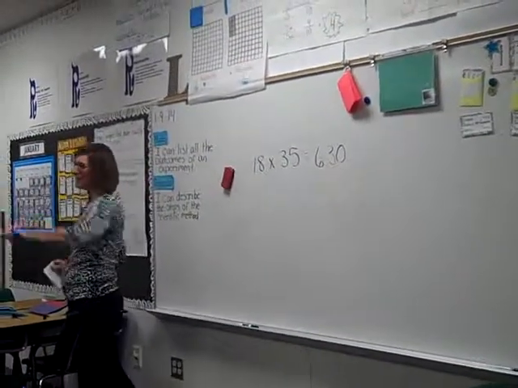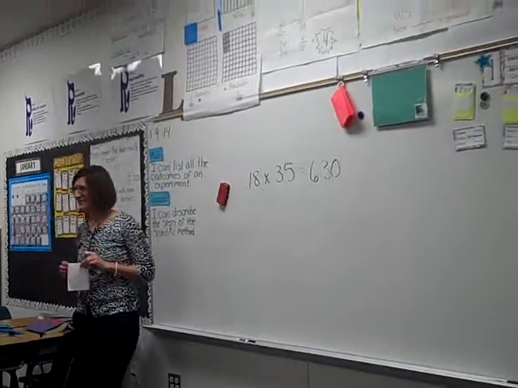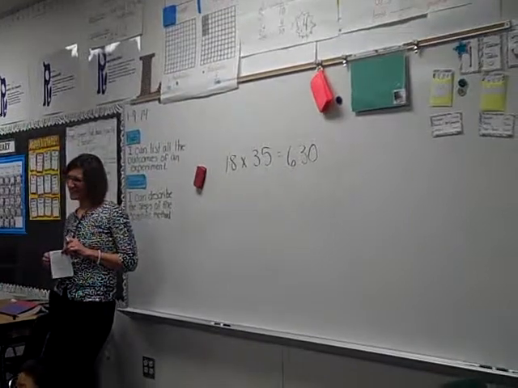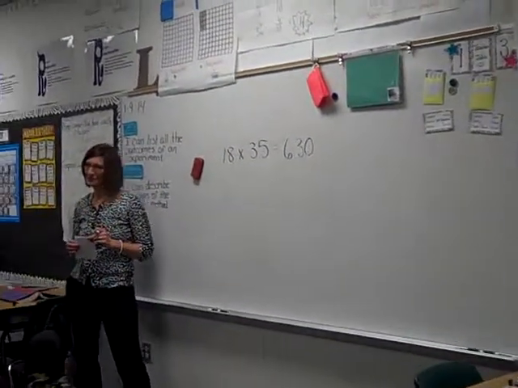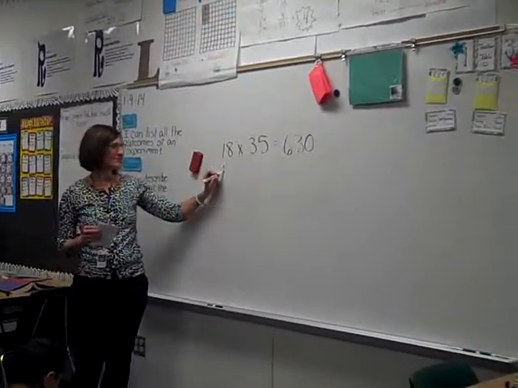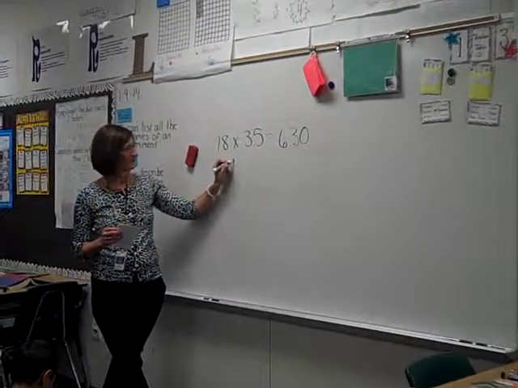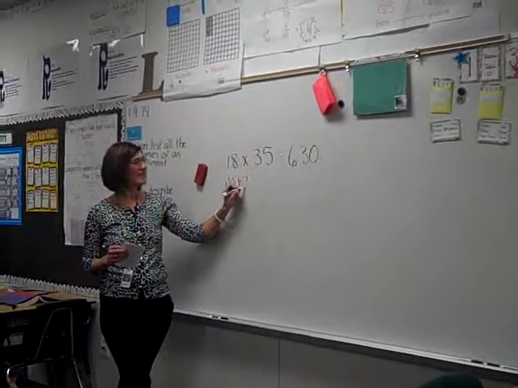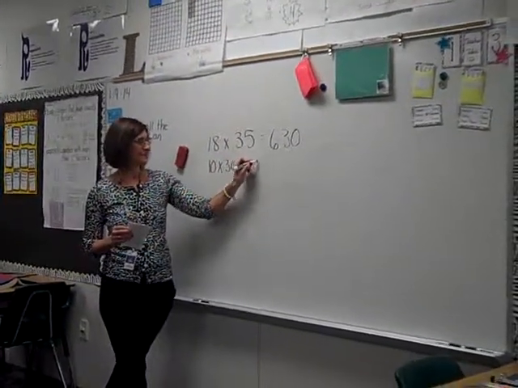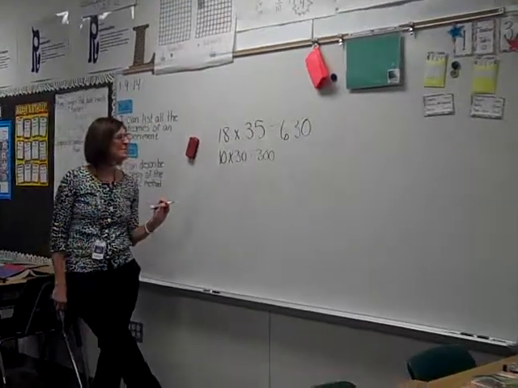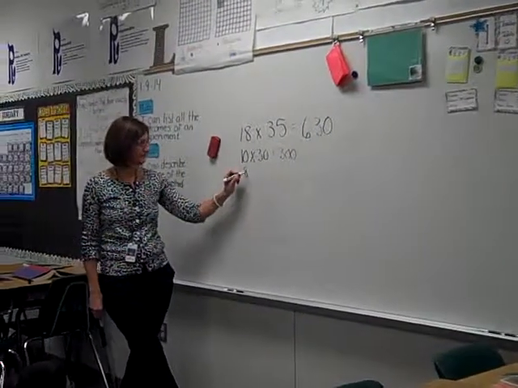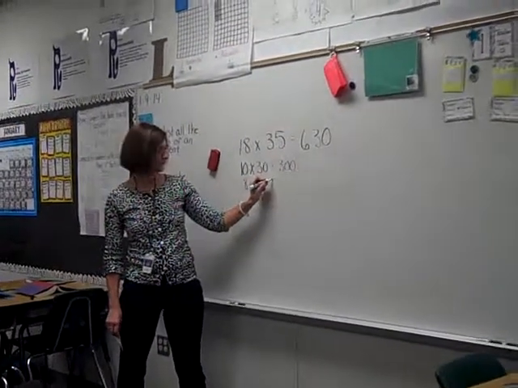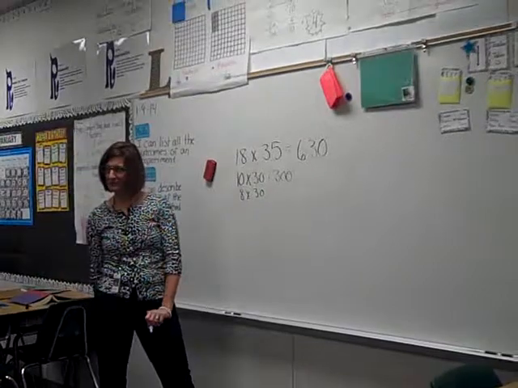Okay, I'm going to go to your little friend next door with the VMS Vikings. Tell me what you did. So when I think of this, I think of the box method, and I know that 10 times 30 is 300. Then you do 8 times 30, and that would give you 240.